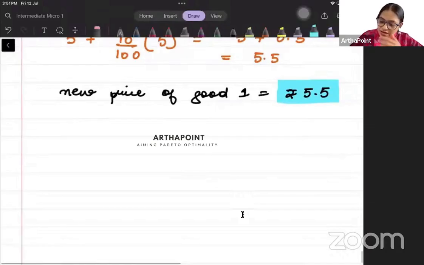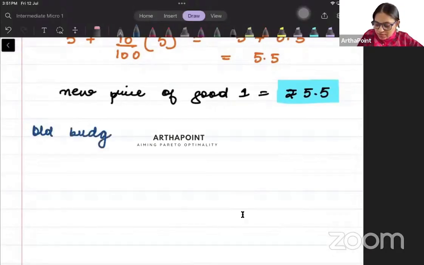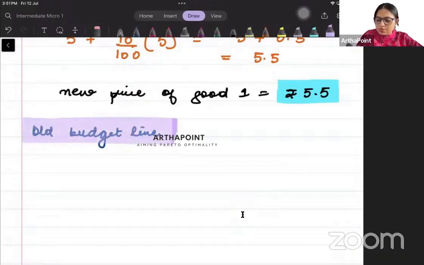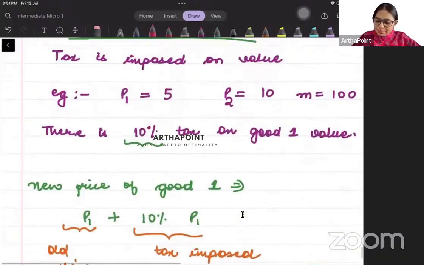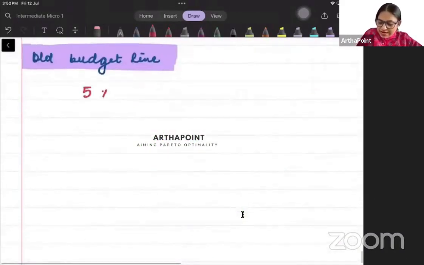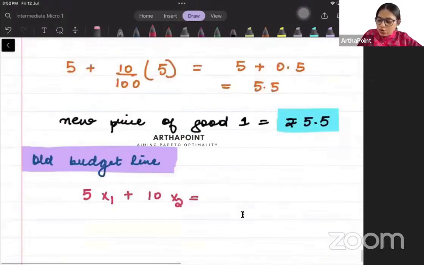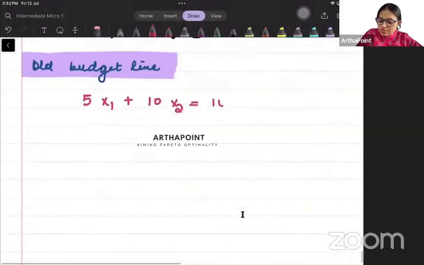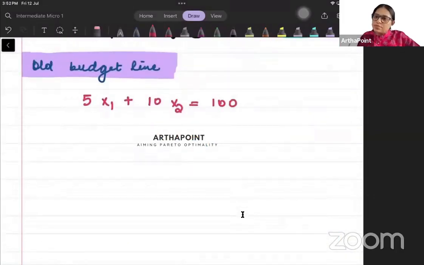अच्छा, can you tell me what will be your old budget line? क्या होगा बेटा old budget line? Yes, it is going to be P1, price of good 1, X1 plus P2 X2 is equal to, income is given as 100, right?